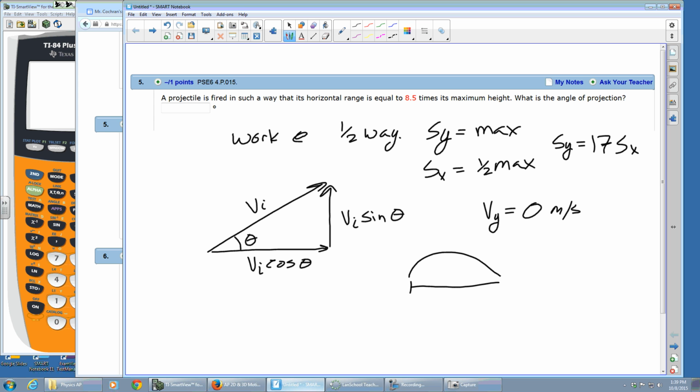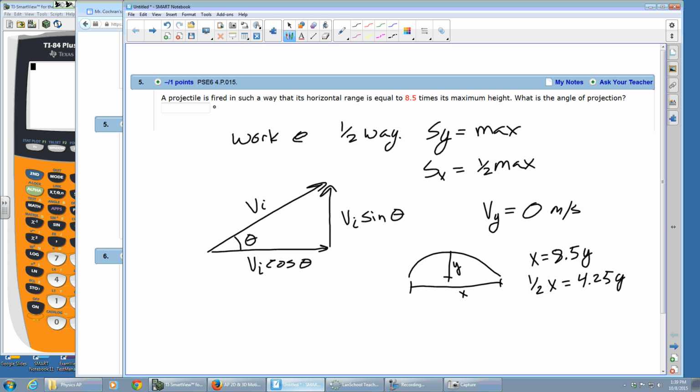if this is x and this is y, if x equals 8.5 y, yep, I wrote this wrong. If x equals 8.5 y, okay, then half of x equals 4.25 y.